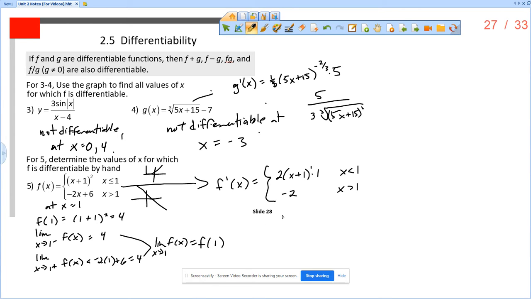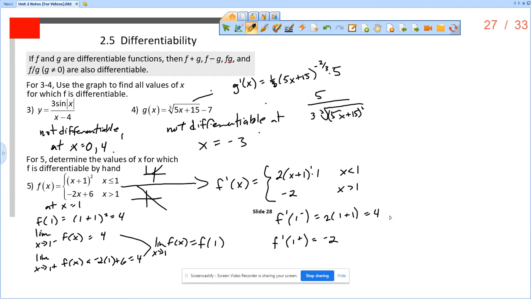So now we want to evaluate f prime of 1 from the left. What would f prime of 1 from the left be? Now we plug 1 into the top piece, so 2 times 1 plus 1, so we get 4. What is f prime of 1 from the right? Well, now it's just negative 2. So notice these two things are not equal. So what does that mean?